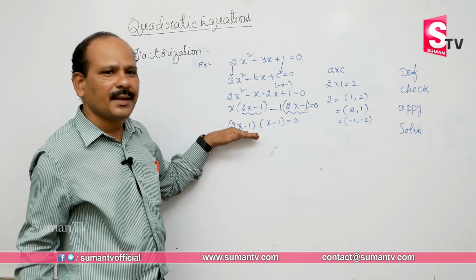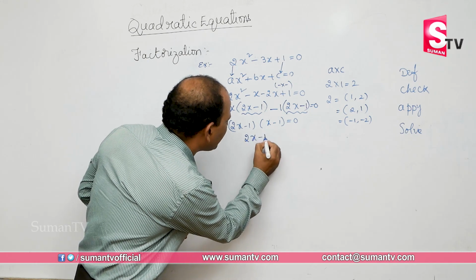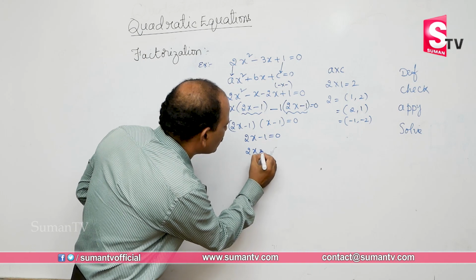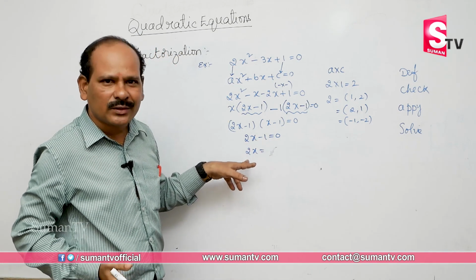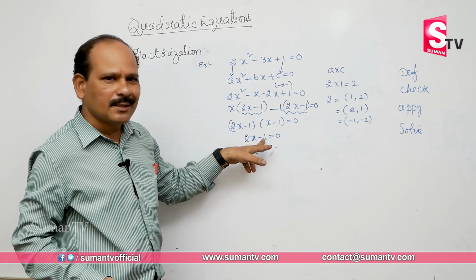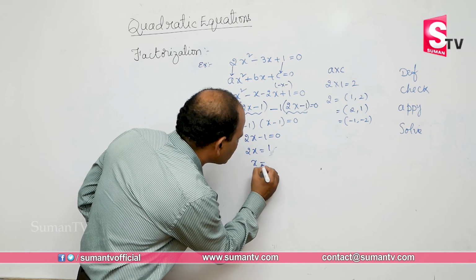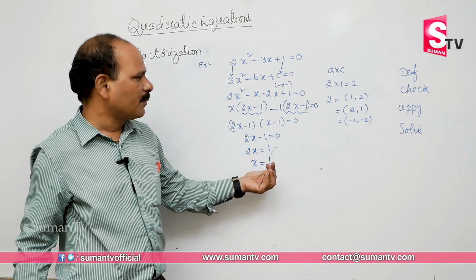So, make every term equal to 0. 2x minus 1 is equal to 0. 2x is equal to, send this minus 1. Why? Because I want only the x term. I want to find out the x value. So, the term minus 1 I am sending to the right side. So, it is equal to 1. X is equal to 1 by 2. Here the value of x I got is 1 by 2.